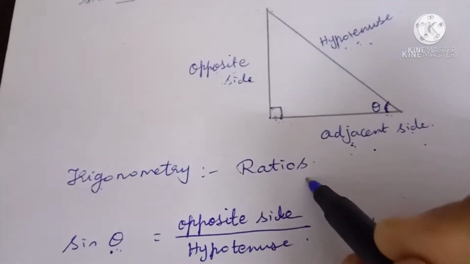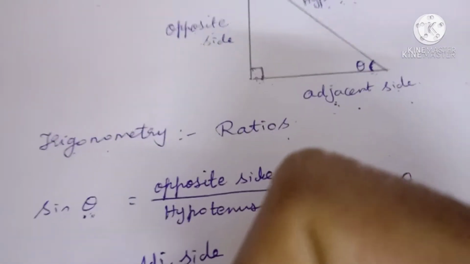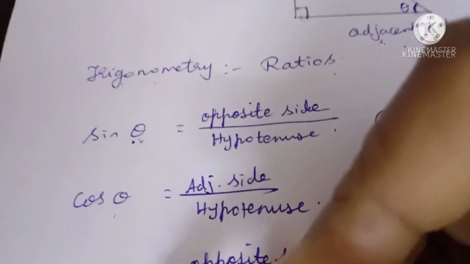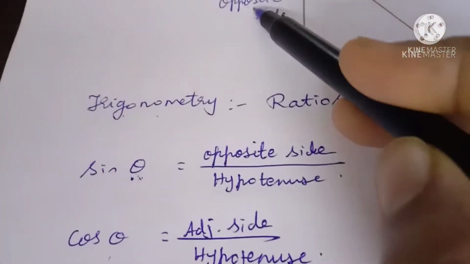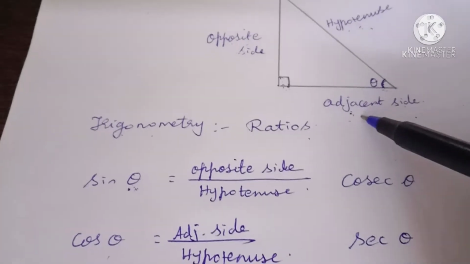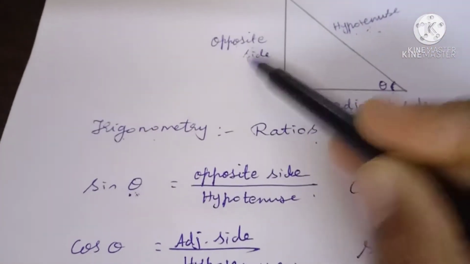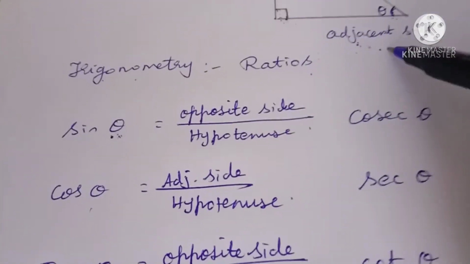Now the ratios of trigonometry: sin theta, cos theta and tan theta. First we'll see these three. Sin theta is opposite side by hypotenuse. Cos theta is adjacent side by hypotenuse. Tan theta is opposite side by adjacent side.